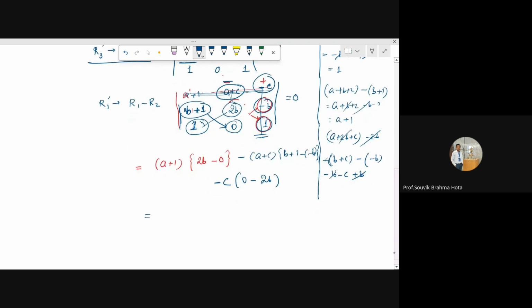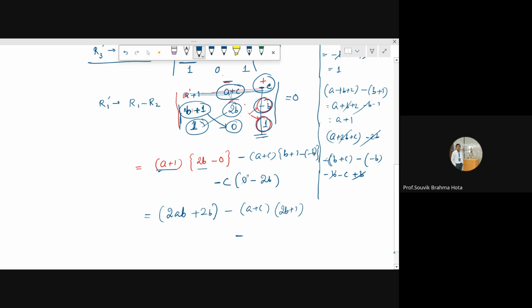Do the calculation. A plus 1 into 2b. A plus 1 into 2b means 2ab plus 2b. The first thing done. Minus a plus c within the bracket, minus minus plus b becomes none. So b plus b means 2b plus 1. And here minus c into minus 2b. 0 has no value.